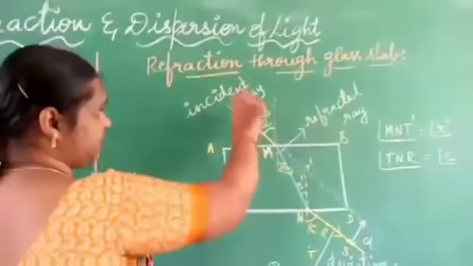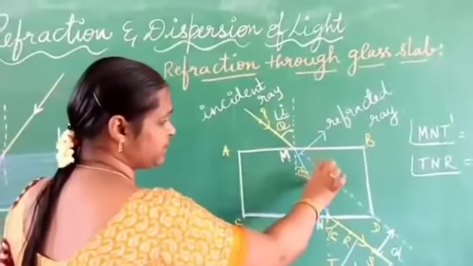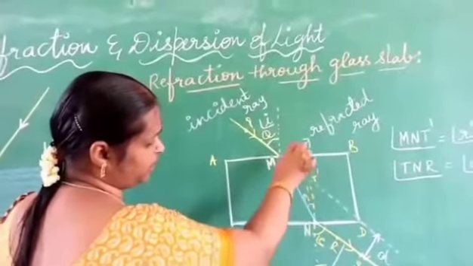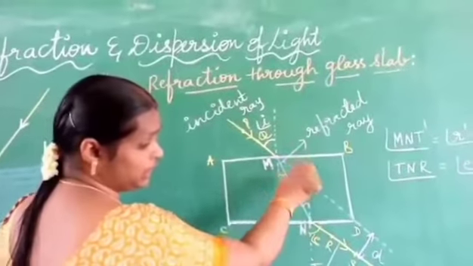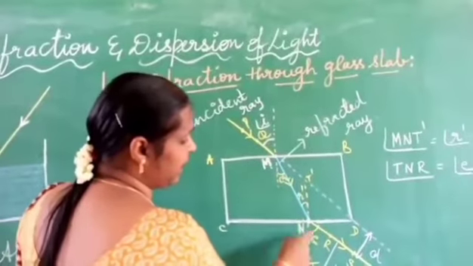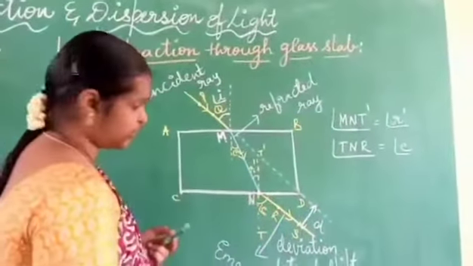So once again, the ray falling on the glass slab is the incident ray. The ray which is refracted inside towards the normal is nothing but the refracted ray, and the ray which is emerging out is called the emergent ray.